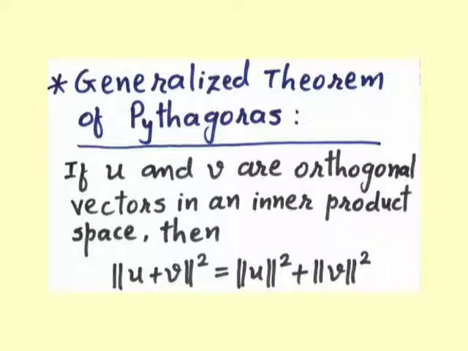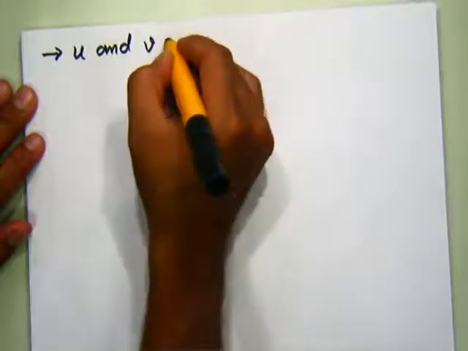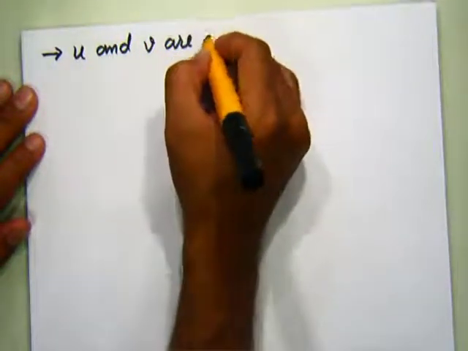If we want to write the proof of this generalized theorem of Pythagoras, the proof is very simple. Start with this: U and V are orthogonal.